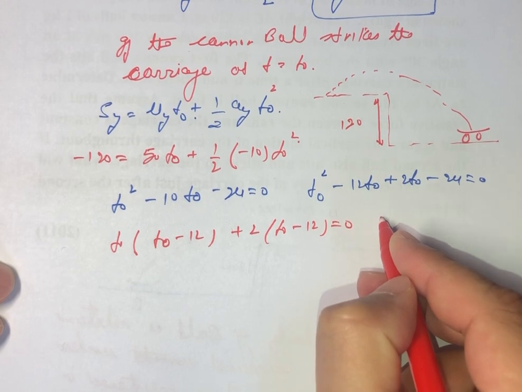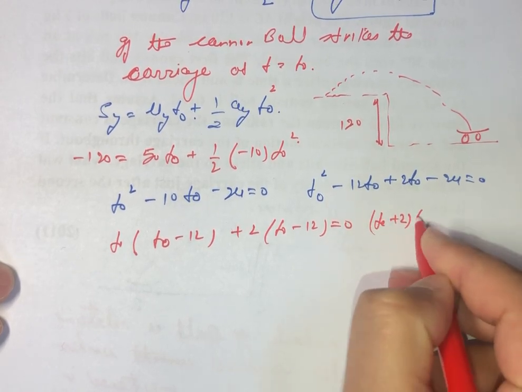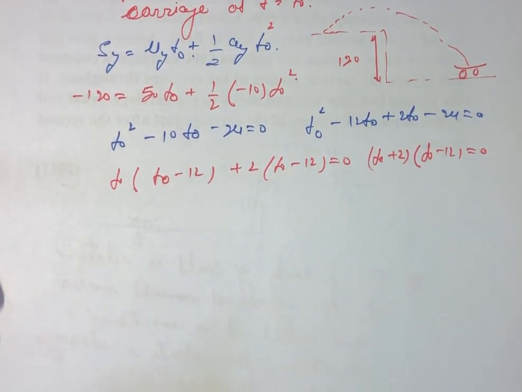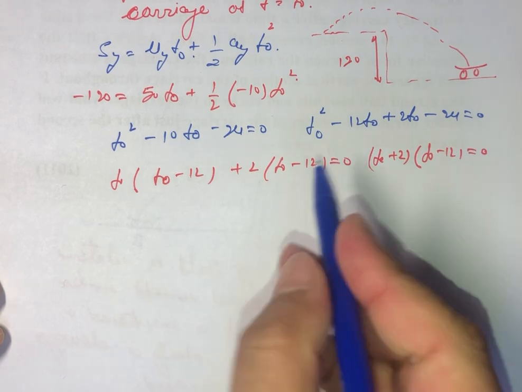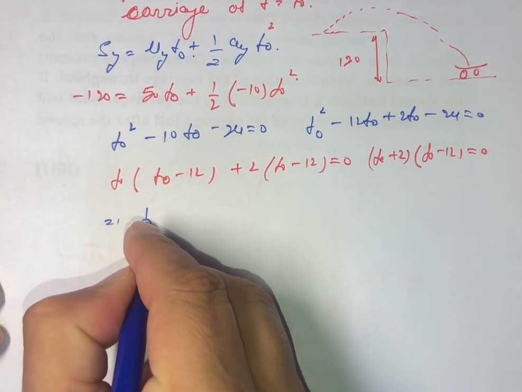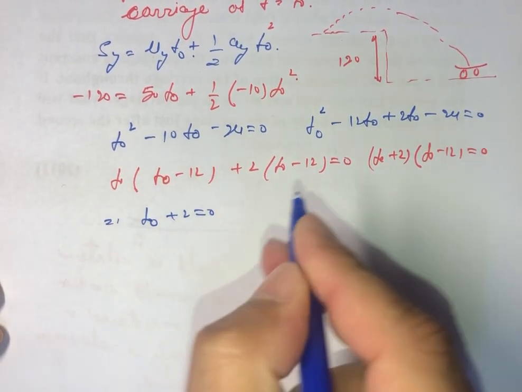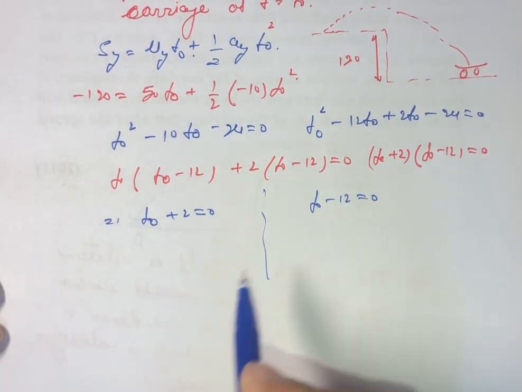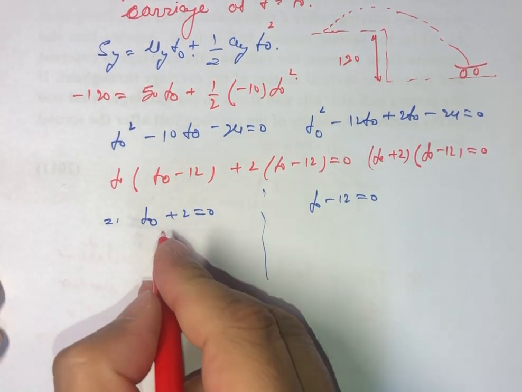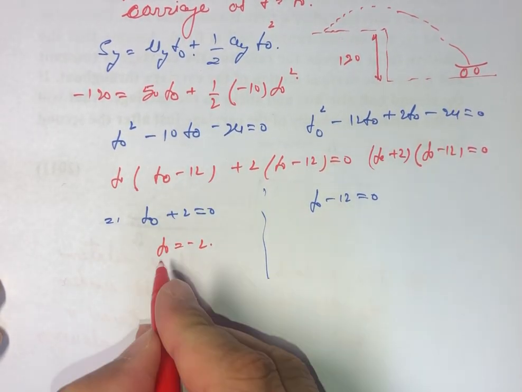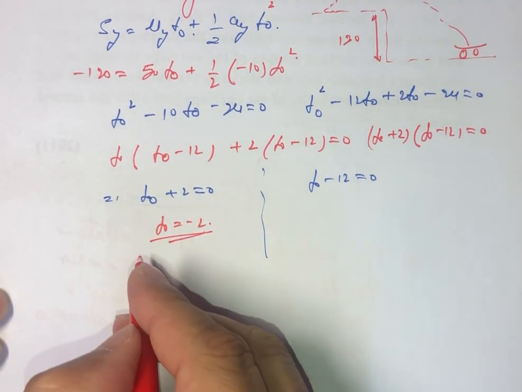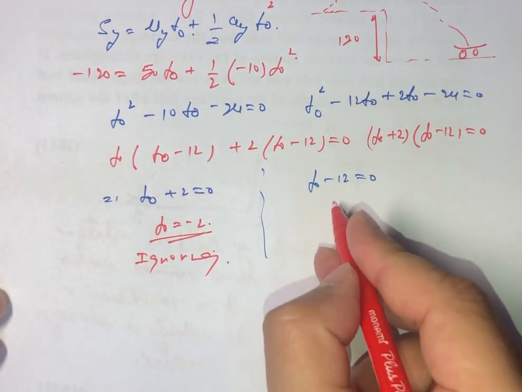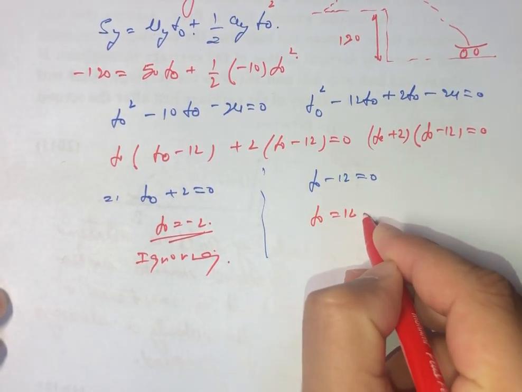From here we can say it will be t naught plus 2 or t naught minus 12 is equal to 0. In the first case we get t naught equal to minus 2. Obviously time cannot be negative, so we are going to ignore it. And the second case we get t naught is equal to 12 seconds.